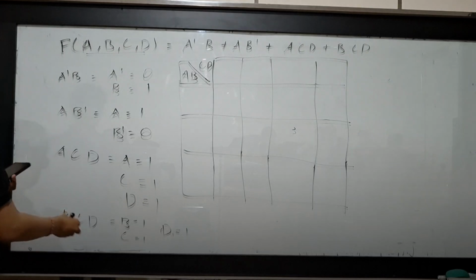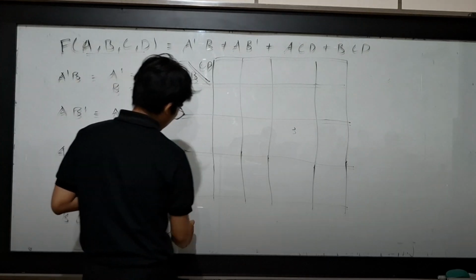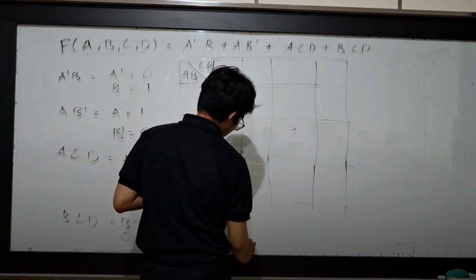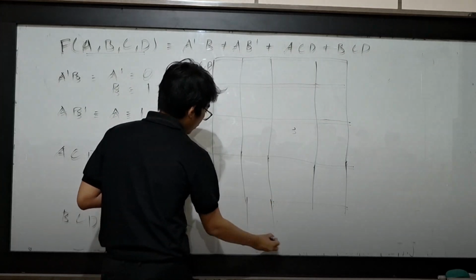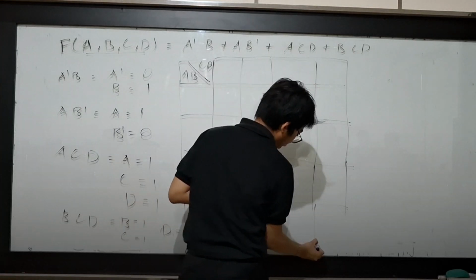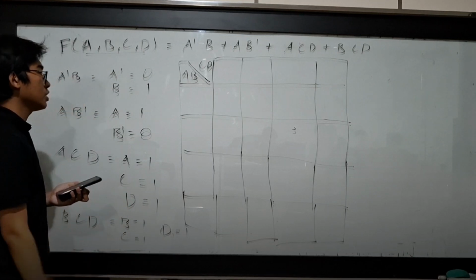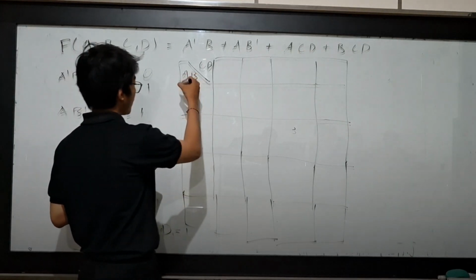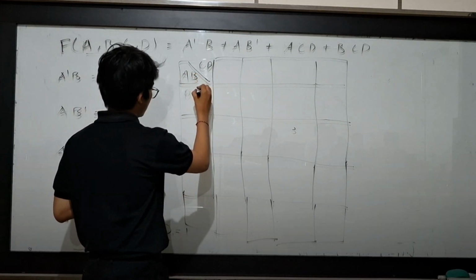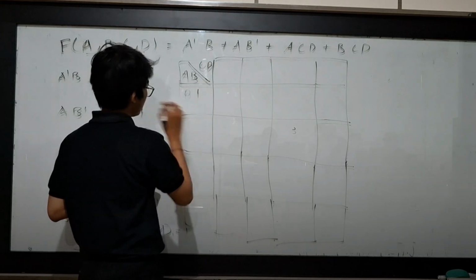The left side is for variables A and B, and the top is for variables C and D. So there is 1 and 0.